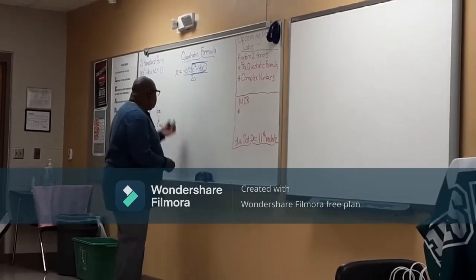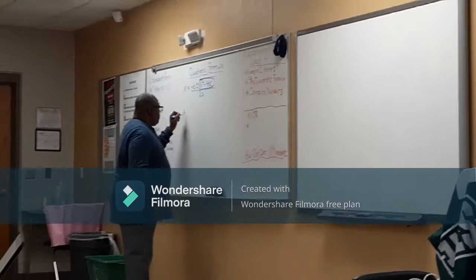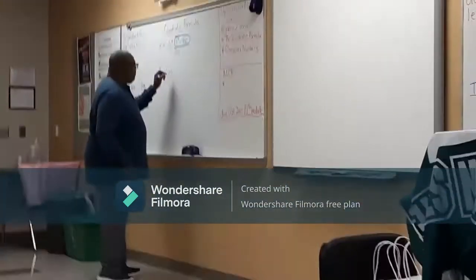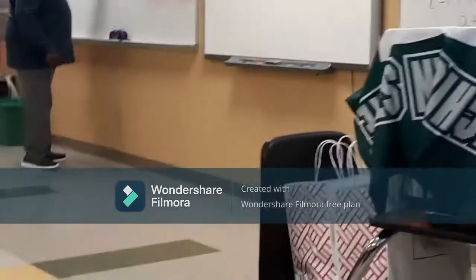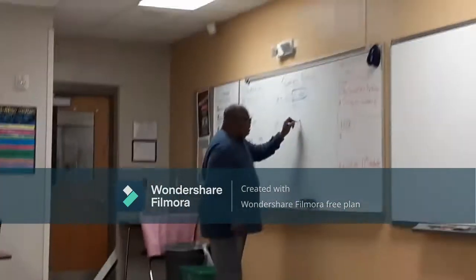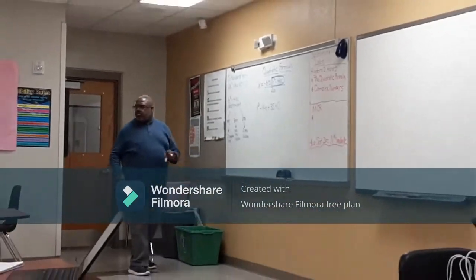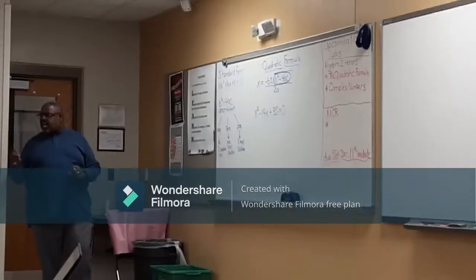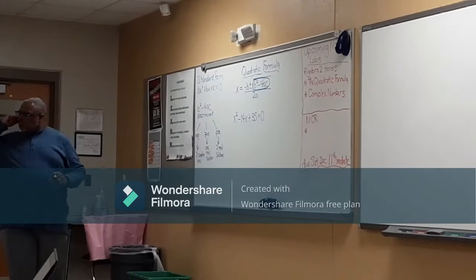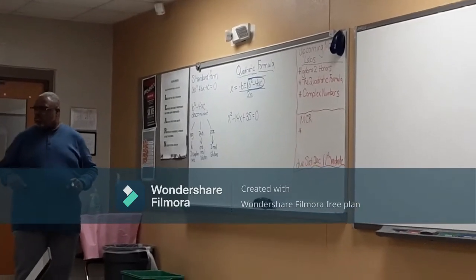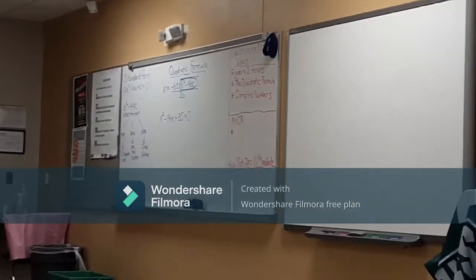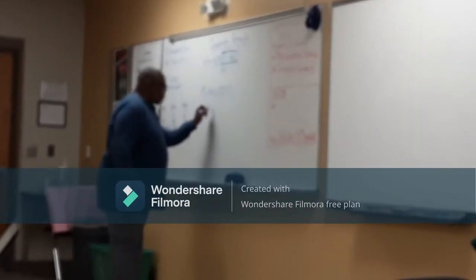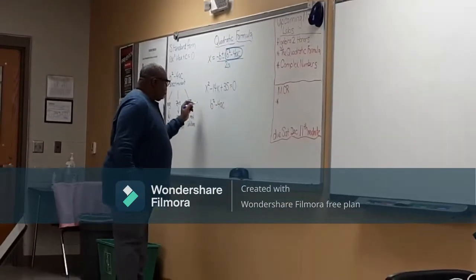We have this equation, x squared minus 14x plus 35 equals 0. If I want to know what type of answers I got coming, I'm going to plug it into the discriminant.